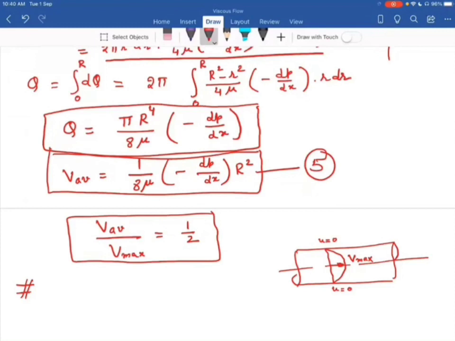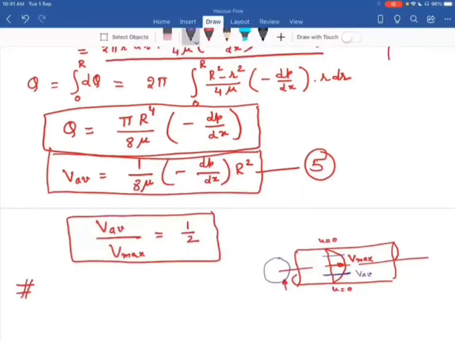Along the y direction, we have one layer whose velocity is equal to V average, because velocity varies from 0 to V max. So one layer will come that is in the form of a circle, if we talk about the cross section. Along this circle when flow enters, the velocity is equal to V average.